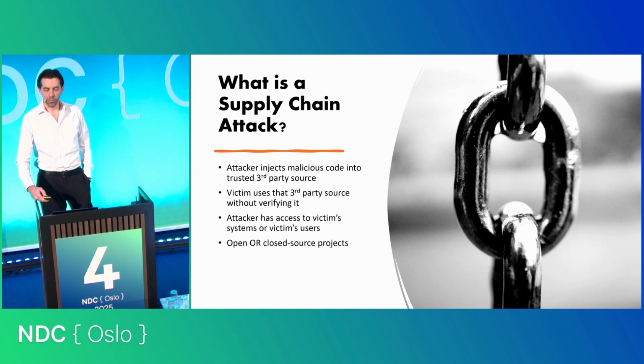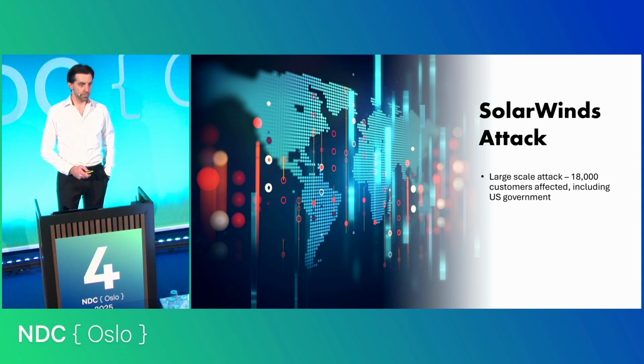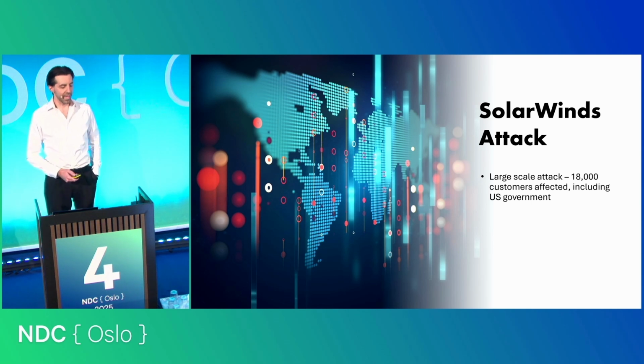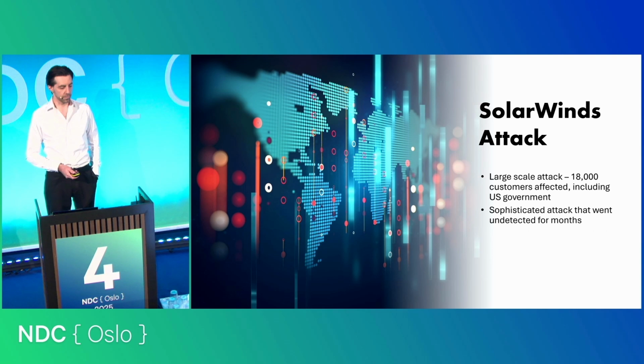And we're going to go over a couple examples to really see how that's happened in recent years and some significant events. So you may have heard of one called the SolarWinds attack. This was a pretty interesting attack that was very large in scale, affected 18,000 different customers, including a number of departments of the US government. And it was a sophisticated attack that went on for quite a few months before it was discovered, which is one of the reasons it was so harmful.